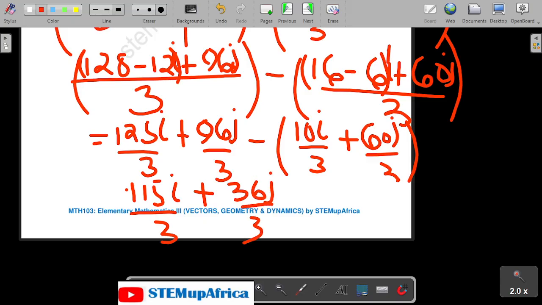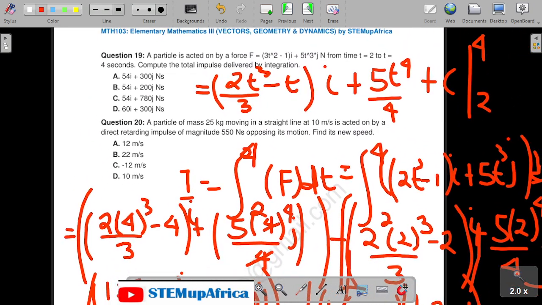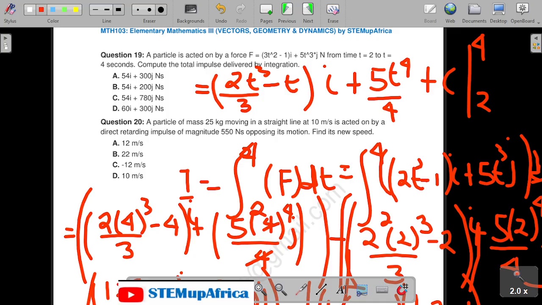So 115 divided by 3 will give us what? I'm having 115. 36 divided by 3 is 12. I think there's an answer to this, but you can check it out yourself and see if you have an answer. But this is the procedure.